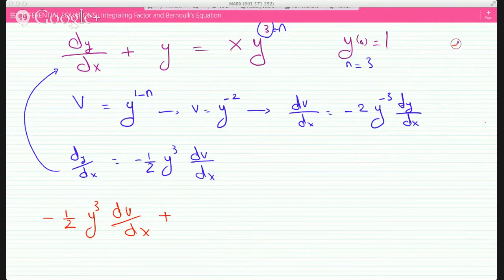So if v equals y to the negative 2, y would be v to the negative 1/2. So basically v is 1 over y squared, so y is square root v.